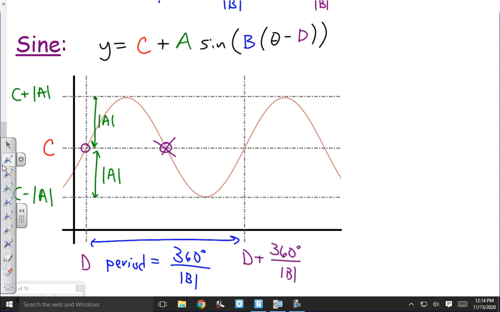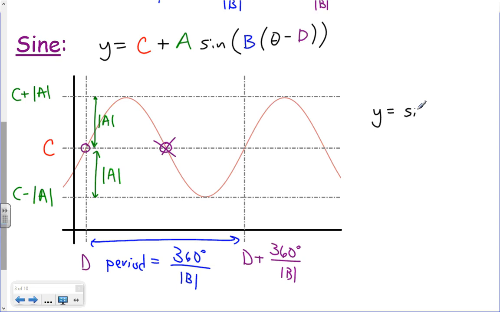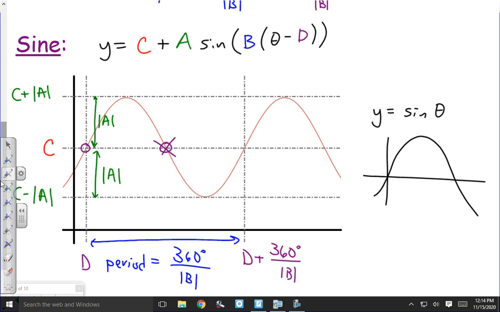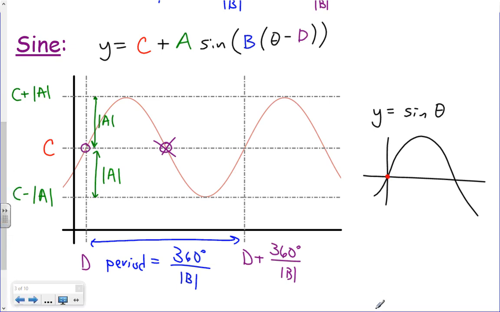All right, and again, if you want to see why that is the value of d, we'll go back to your parent function, y equals the sine of theta, and sketch that graph. Sine is a function that does something like this. So notice what it's doing as it goes through the y-axis there. As it crosses the y-axis, now we're crossing our sinusoidal axis. That's the halfway point of this function between its high and low points.